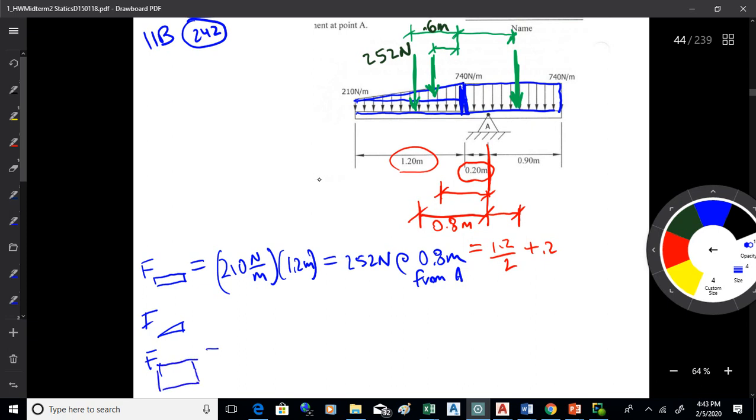All right. And when you calculate these things, you're going to get some numbers, of course. We're going to get the triangle is 318 newtons. I'll just give you some numbers where you can check what you're doing.